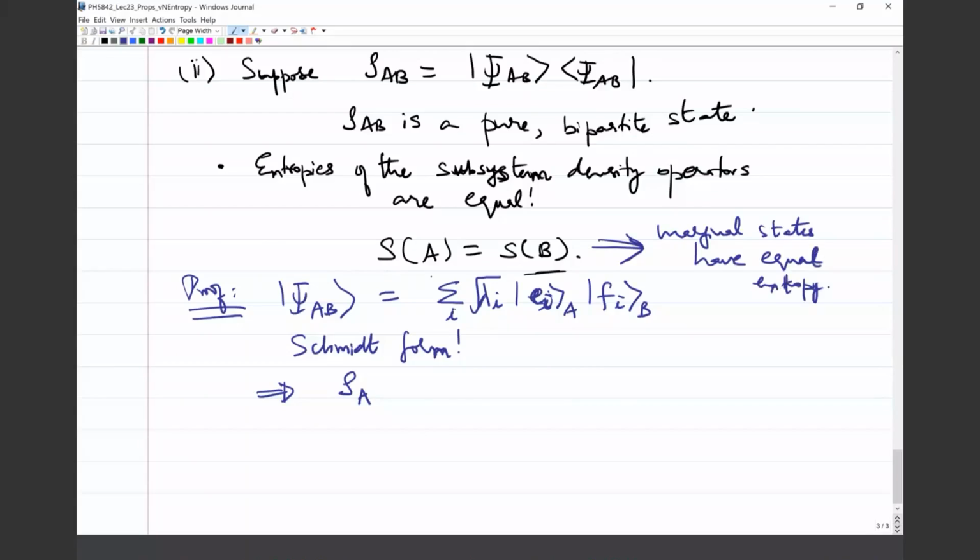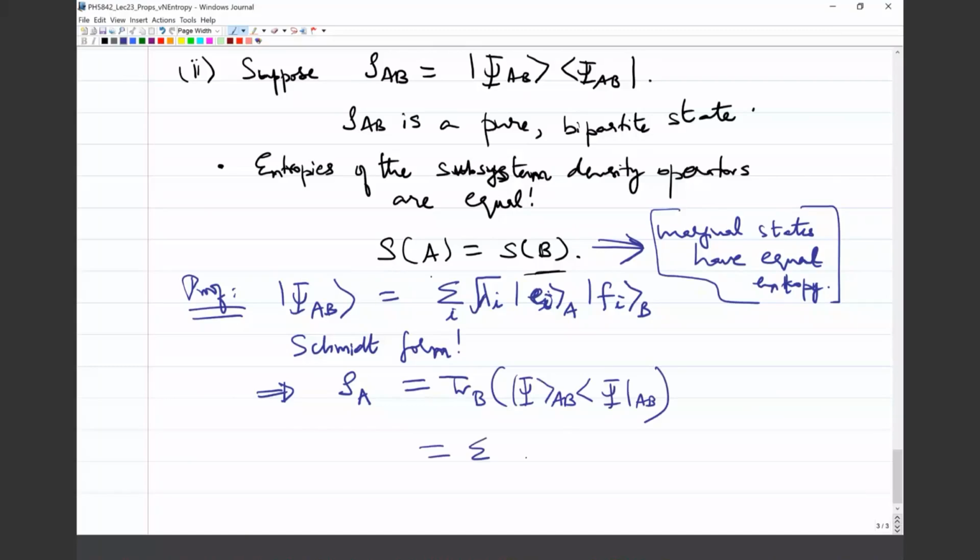So what is the marginal state here? How do I calculate the marginal state? I have to trace over B of psi AB, right? And what will this be? You can already read this out from here. So please go back and look up your notes on Schmidt decomposition and all that.